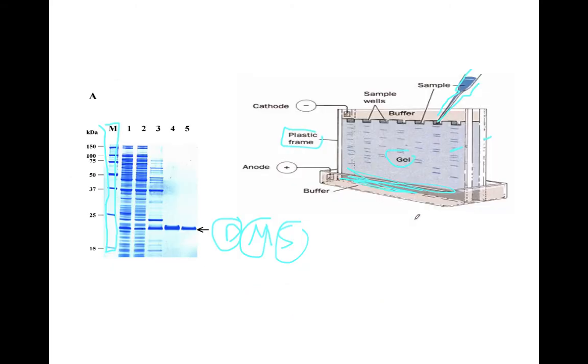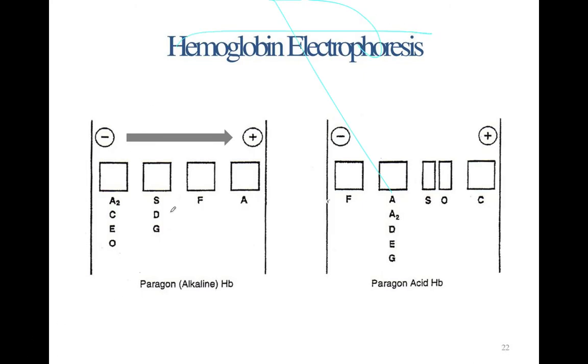If you put these hemoglobins in an alkaline solution, with an electrolyte at a certain pH, normally hemoglobin A, hemoglobin O, and hemoglobin E will co-migrate together, and hemoglobin D and G also co-migrate with S. So in this condition, if you have a band, you cannot determine which hemoglobin it is.